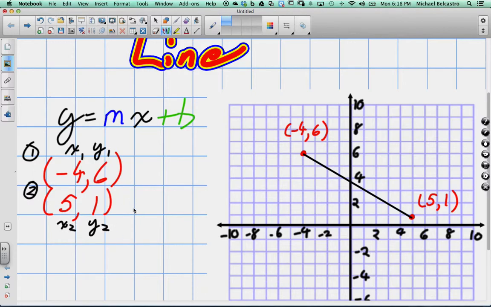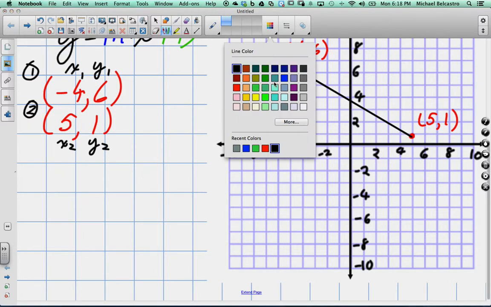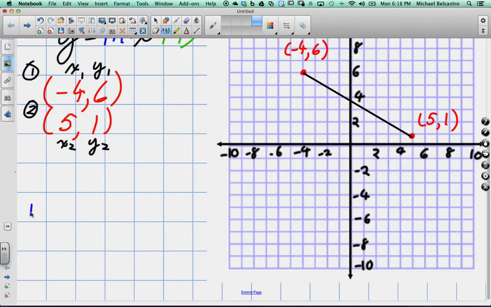Now the reason we number them or write them in an order like that is because our m, or our slope, is equal to a specific formula. And we have to memorize this formula. This formula is y2 minus y1 divided by x2 minus x1.